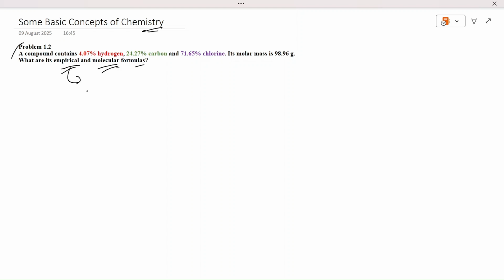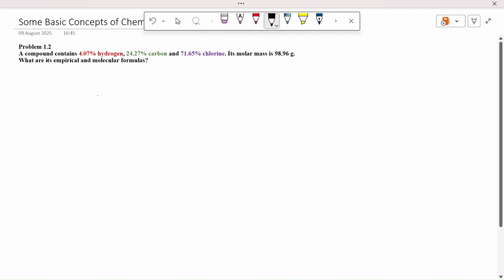For example, if we are talking about ethene, C2H4, this is the molecular formula, but we have to calculate the empirical formula. Its empirical formula will be CH2. It is the simplest representation of the molecular formula, in which the elements are present in the simplest whole number ratios. So this is called the empirical formula. So we are going to calculate it.